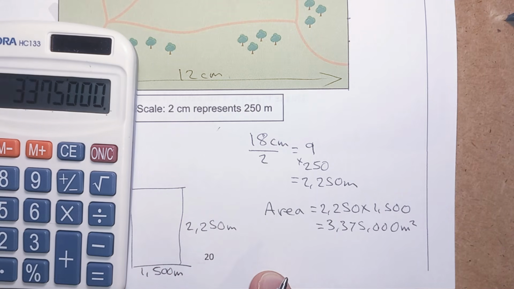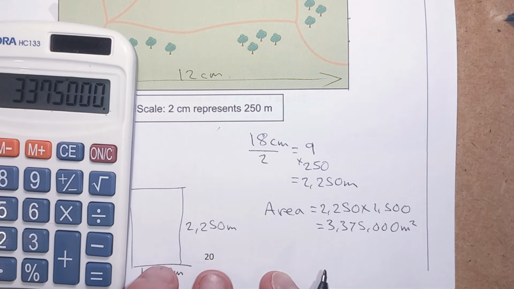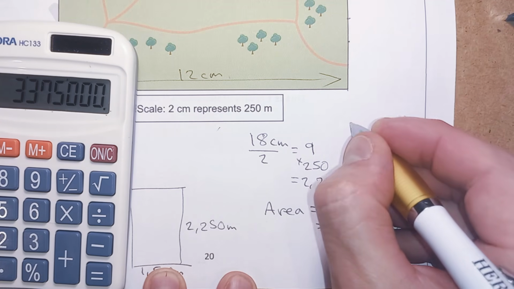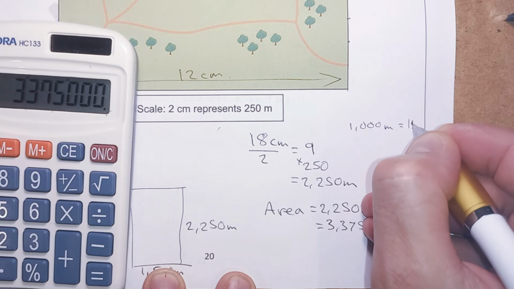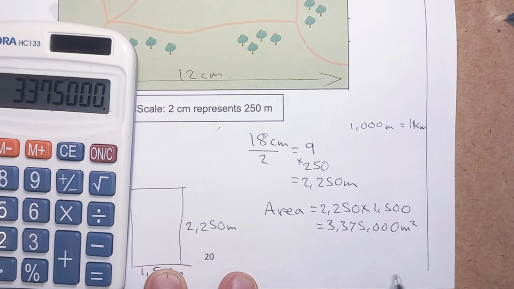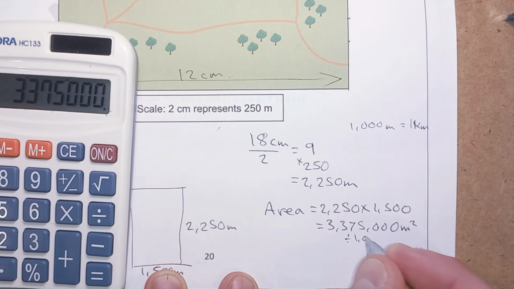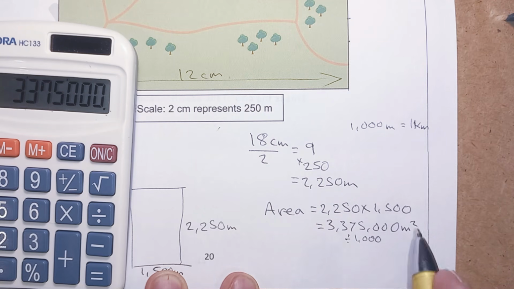Now, what they've actually asked for is how many square kilometres. So what we can do, because we know that there's 1,000 metres in 1 kilometre, if we want to convert this into square kilometres, we need to divide it by 1,000, but that's for one dimension.